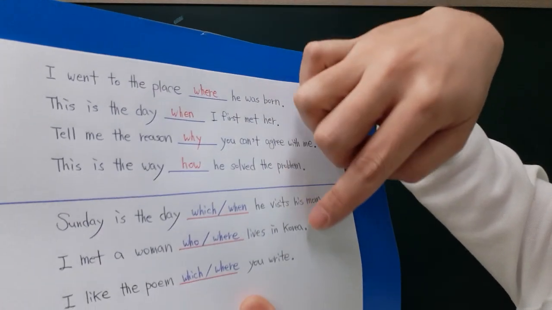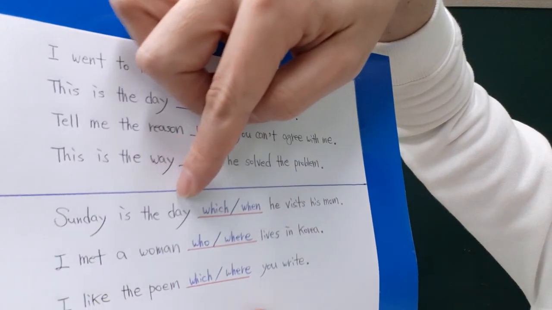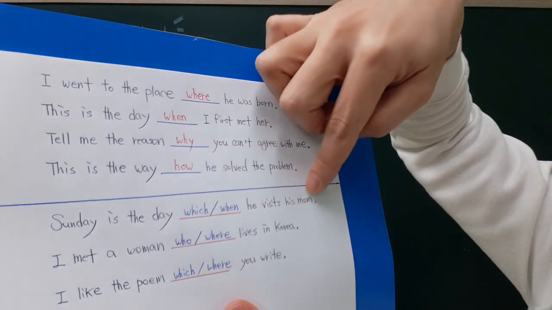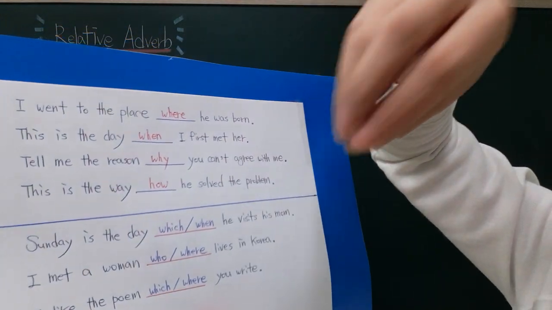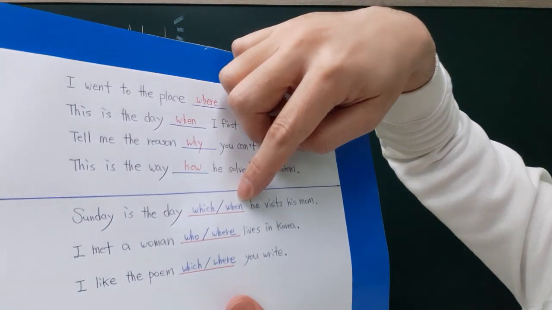I'll talk about why this sentence is incorrect, but before talking about that, let's solve these problems first. Look at this. Sunday is the day blank he visits his mom. These questions ask you to choose the proper one between a relative pronoun and a relative adverb.